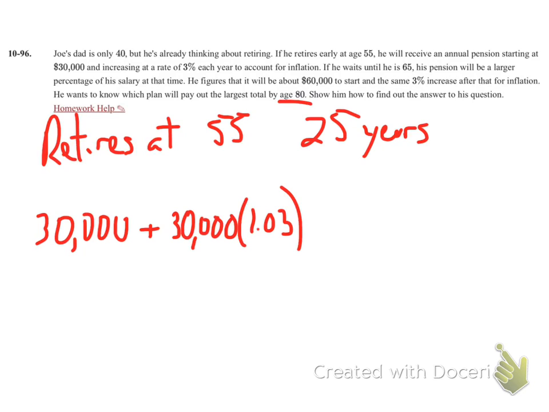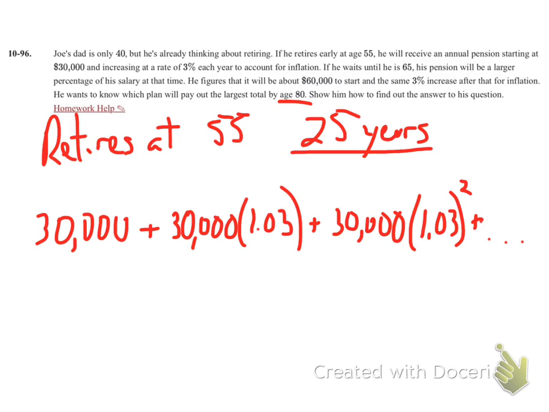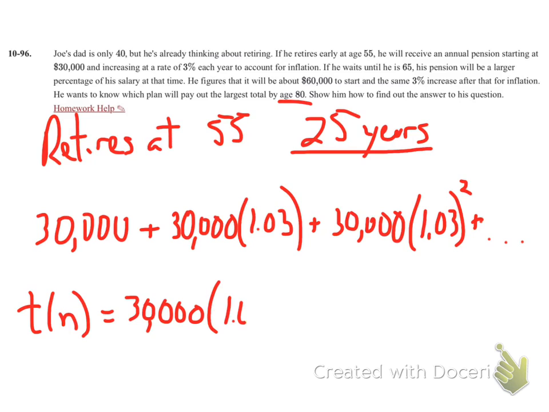And then he would get 30,000 times 1.03 squared, and so on. So he would do that for 25 years. So our T of N equation for this in first term form is 30,000 times 1.03 to the n minus 1.